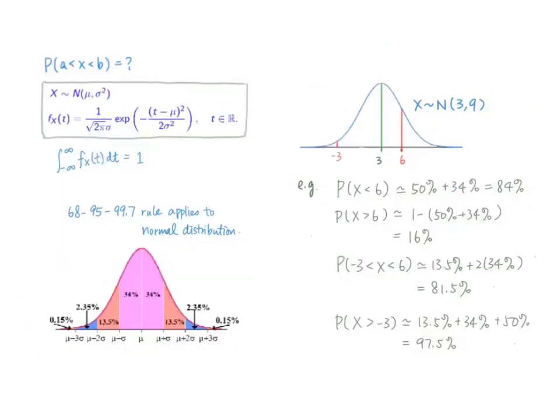For normal distribution, X can take any value between negative infinity and infinity. The function here is the probability density function. That is to say that if we integrate this function from negative infinity to infinity, we get 1.